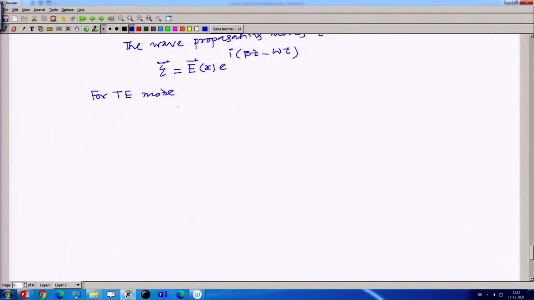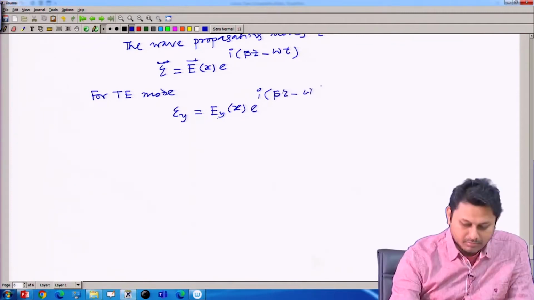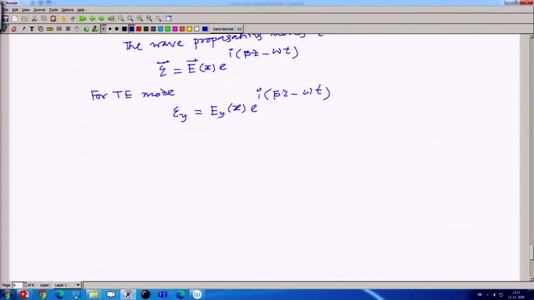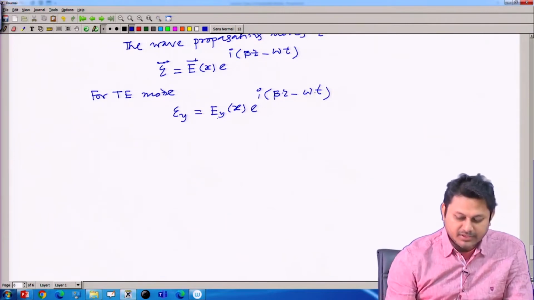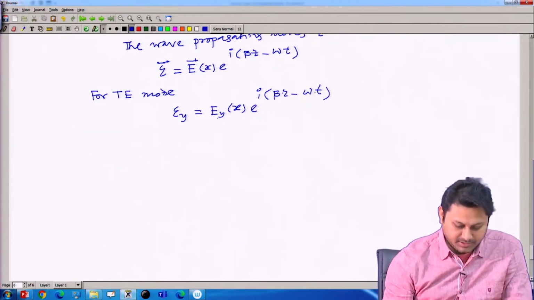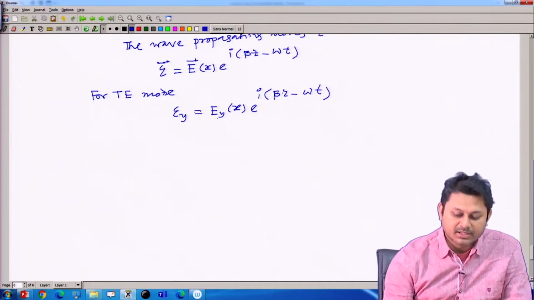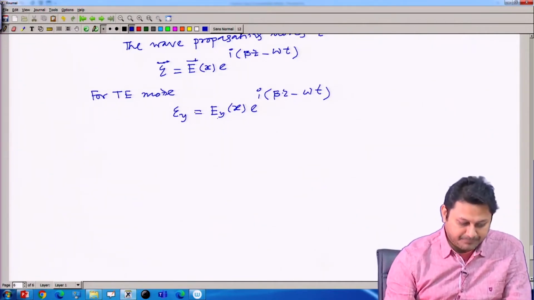TE mode we have E y as omega t. So, that is the structure of the field that we have during the propagation.